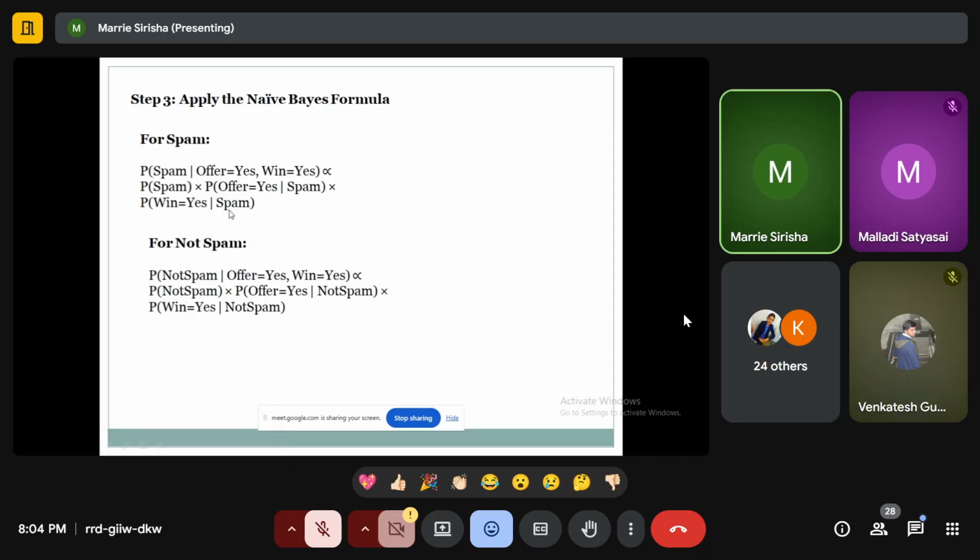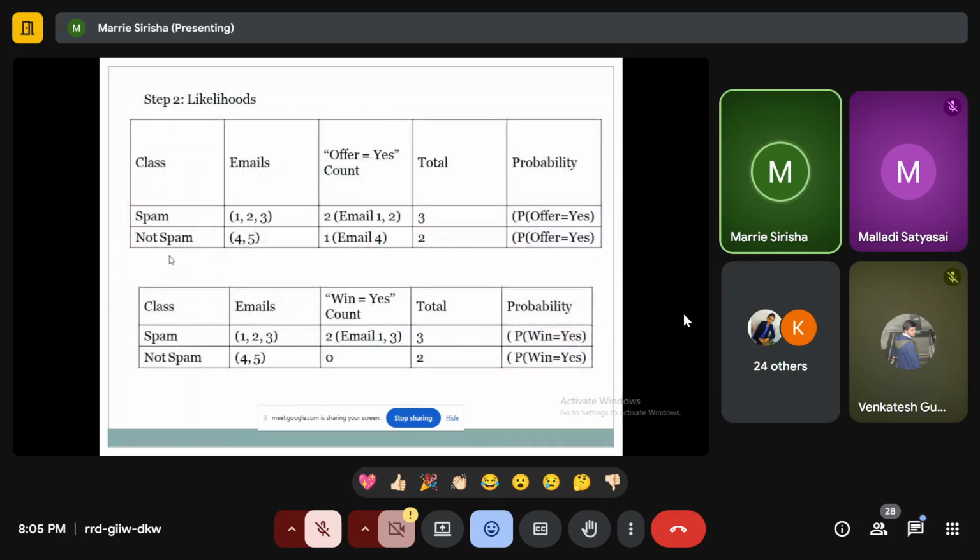This is the condition for the spam, and if it is not a spam, probability of not spam, then offer is yes and win is yes. That is directly proportional to probability of not spam into probability of offer yes and not spam into probability of win, that is equal to yes, and it is not a spam. This is the formula. This is a simple formula.